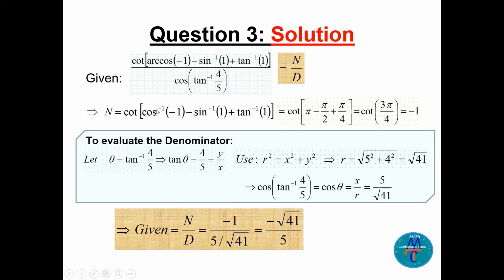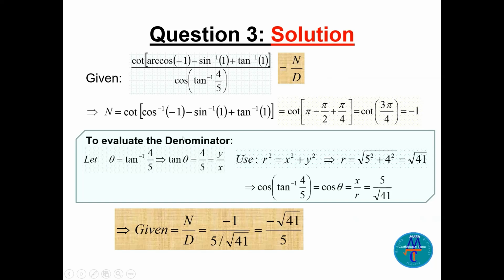What is the angle from 0 to pi whose cosine is minus 1? It's the angle pi. Sine inverse of 1 will be pi over 2, and there is a minus here from the question. Plus tan inverse of 1, that's the easy angle, pi over 4. Add all these three angles, you get 3 pi over 4. That's an angle in quadrant 2, and the cotan is minus 1. So the whole numerator here is minus 1.